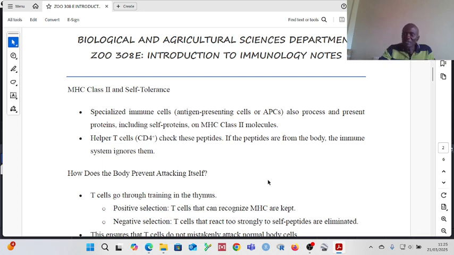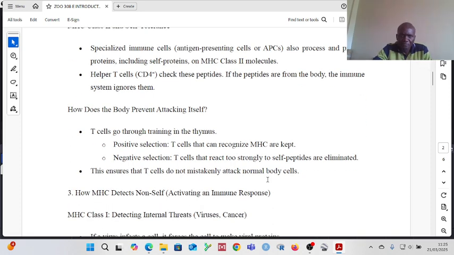So maybe the question we are asking ourselves is, how does it know? How are these T cells, because the helper T cells and the cytotoxic T cells are types of T cells, trained to recognize what is self from what is non-self? So the T cells are trained in the thymus. And the ones that are able to recognize the MHC are kept, but the ones that are not able, they are eliminated.